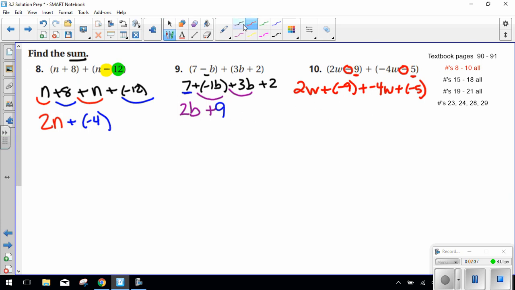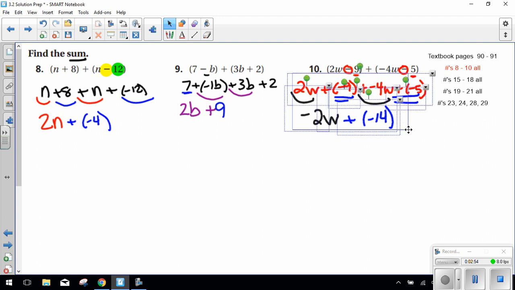Okay, now what I'm going to do is take 2w and add negative 4w to get negative 2w, and then I will take negative 9 and add negative 5 to get plus negative 14. Okay, and here is my solution to number 10.